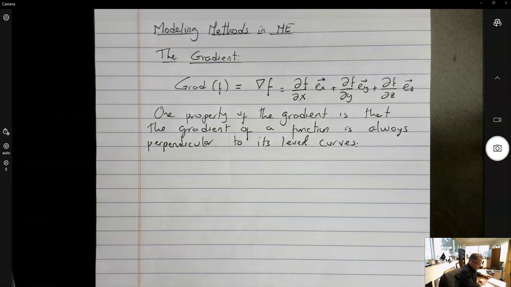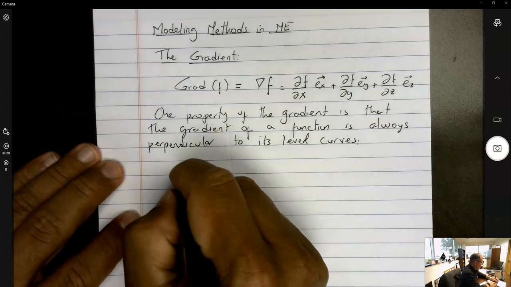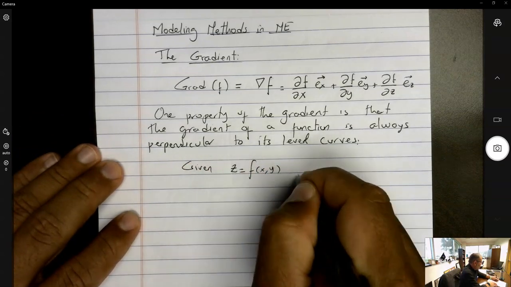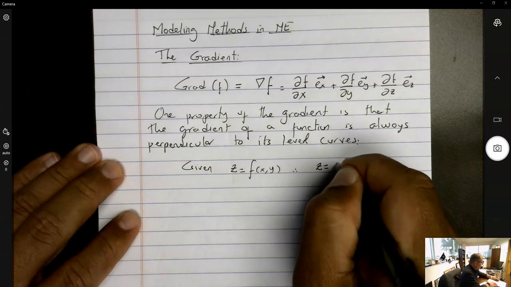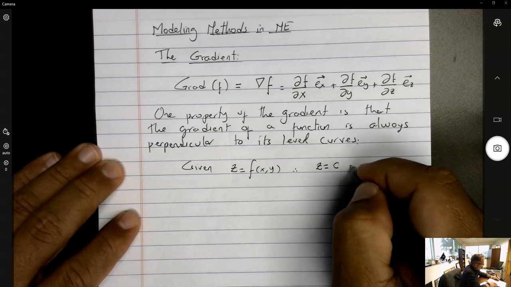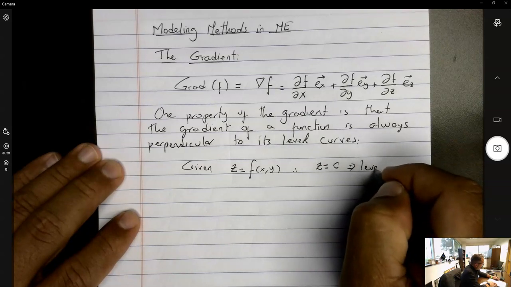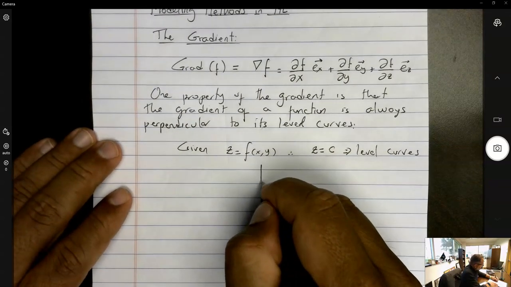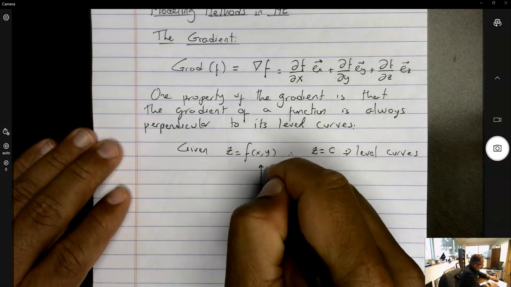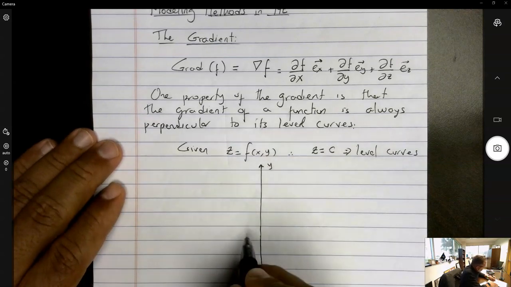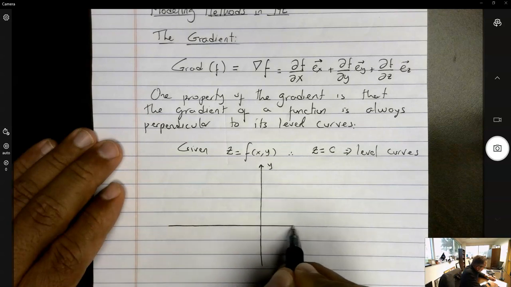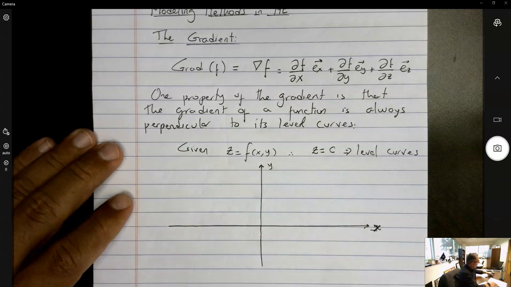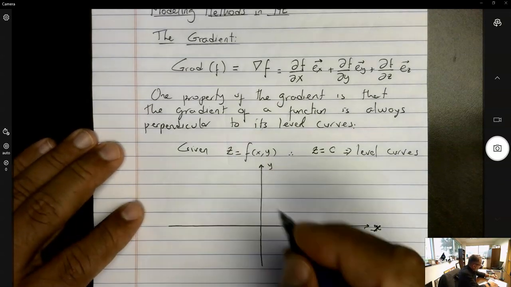And we had introduced this concept of level curves, and so, for example, given z equals f of x and y, z equals c defines the level curves. And let's say that this function f of x and y, when we project into the xy plane, we had shown, for example, this hyperbolic paraboloid.